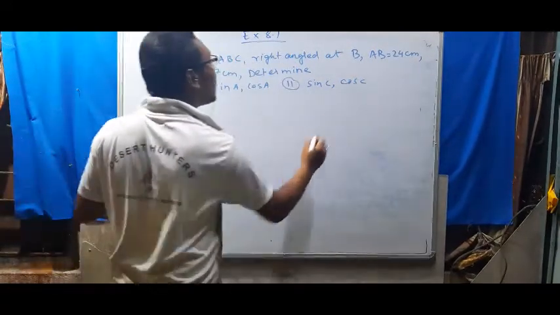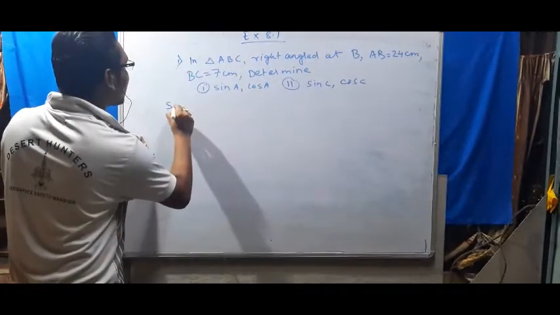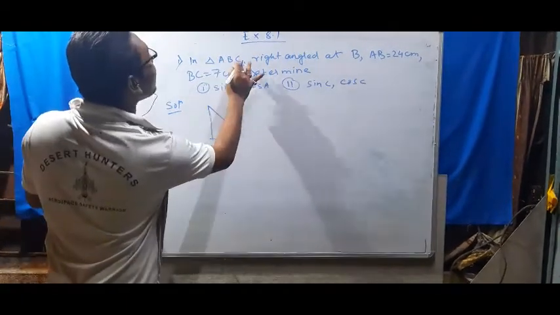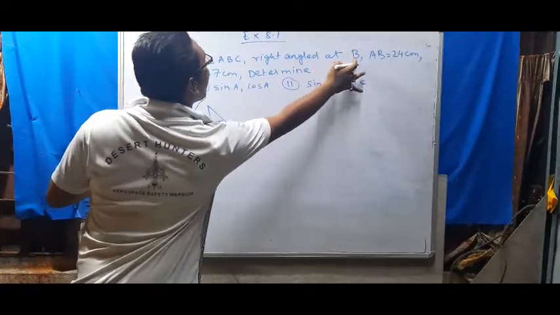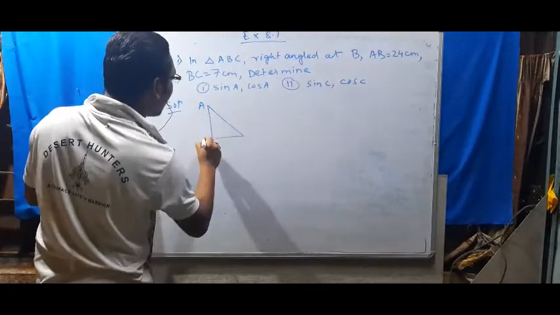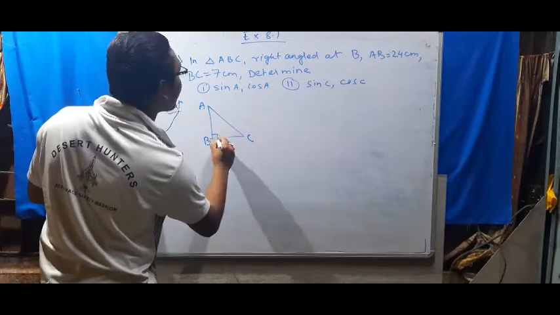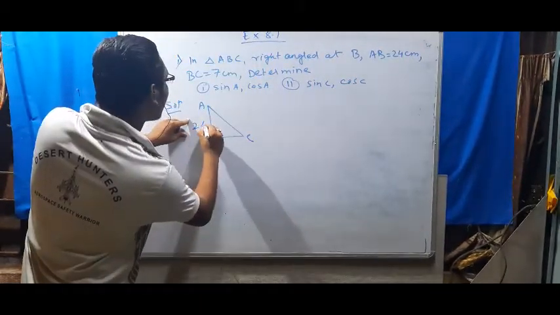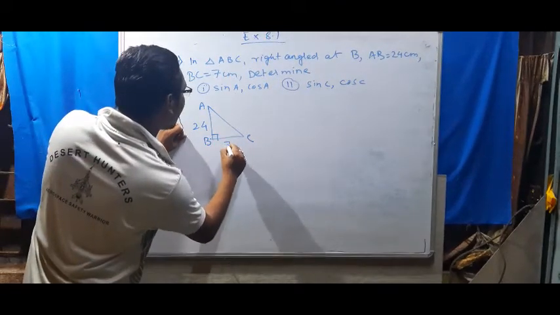So here in the figure, if I see the solution, ABC is a right angle triangle, right angle at B. Given AB is 24 centimeter, BC is 7 centimeter.